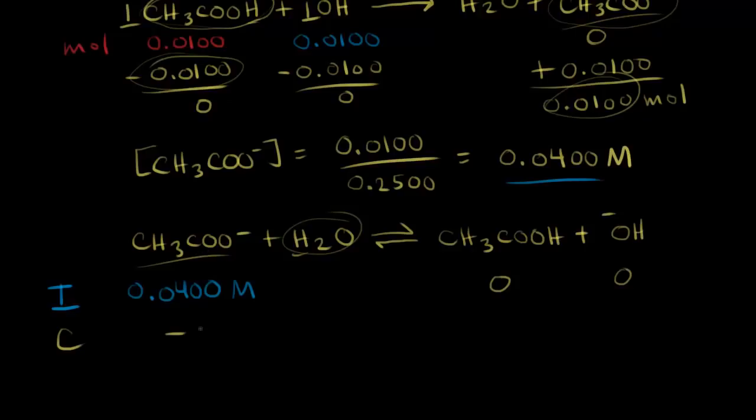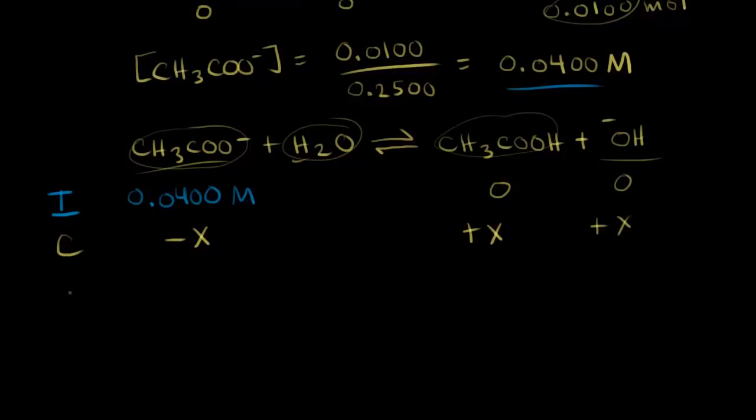So we're going to lose a certain concentration, which we call X. Whatever we lose for acetate, we gain for acetic acid. So if it's minus X for acetate, it must be plus X over here for acetic acid, and therefore also plus X for hydroxide. All right, so at equilibrium, our concentration would be 0.04 minus X for acetate, and then we'd have X over here and X over here.